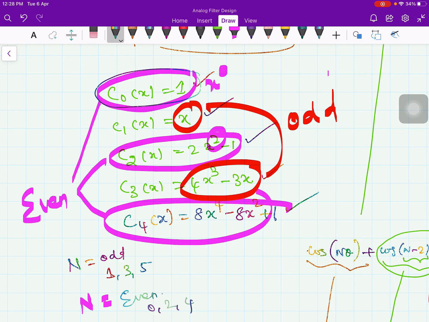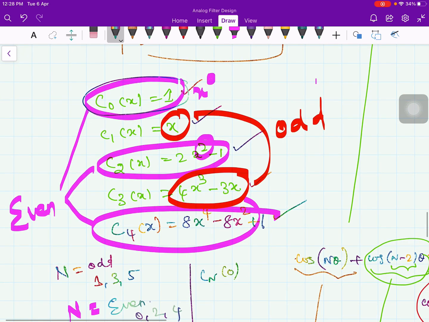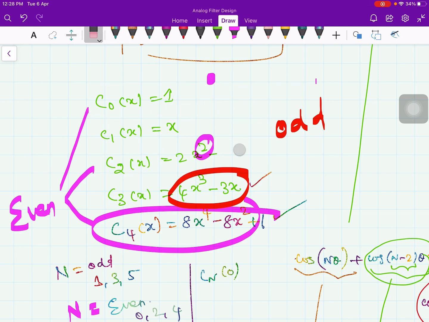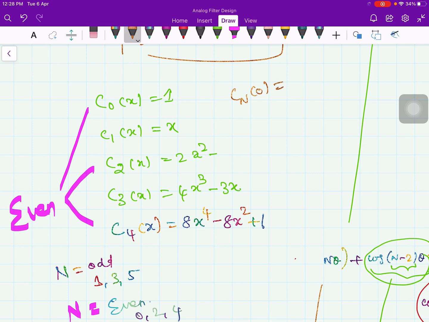Okay, and you notice that Cn of 0, substitute x equal to 0. So let me make some space here. Now you notice that Cn of 0 is equal to 0 when n is odd.